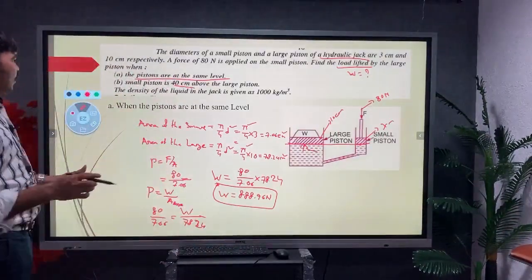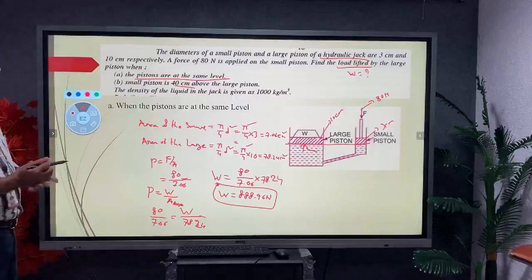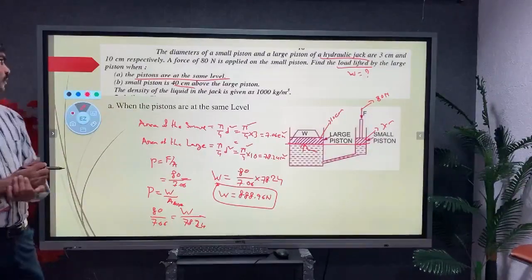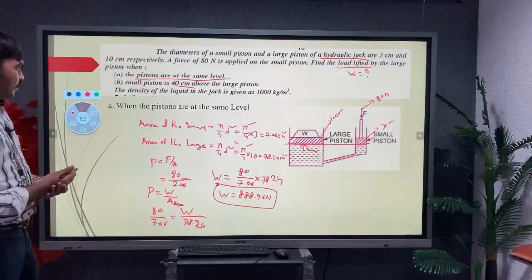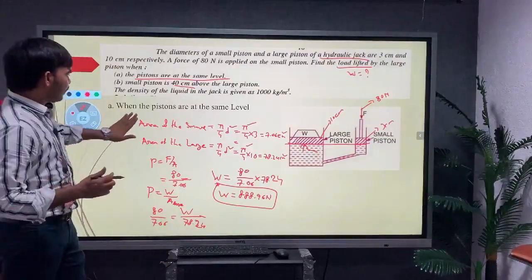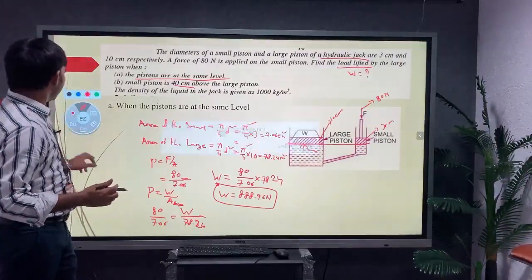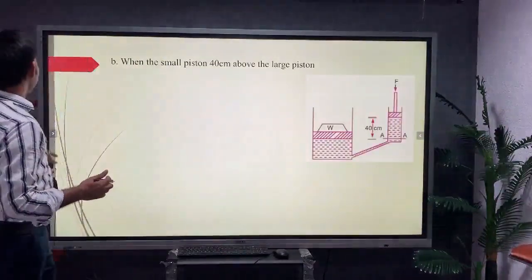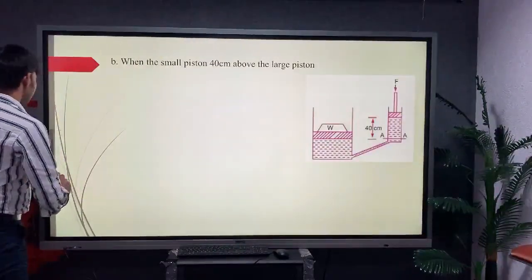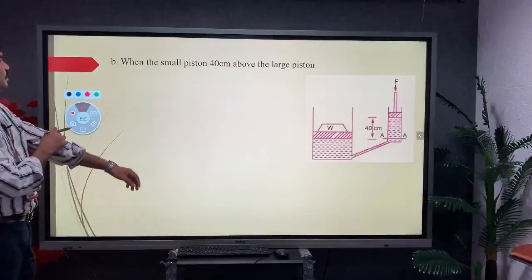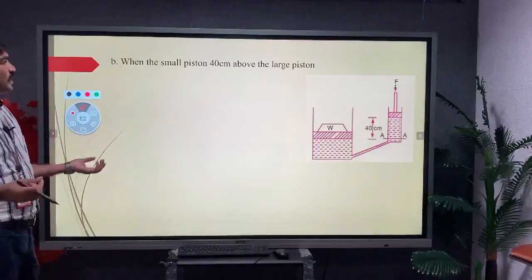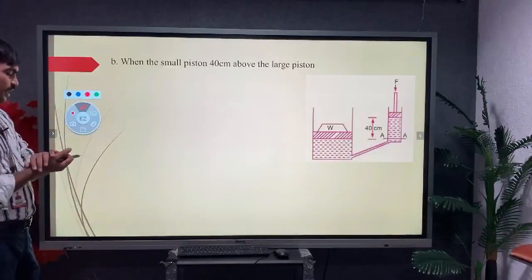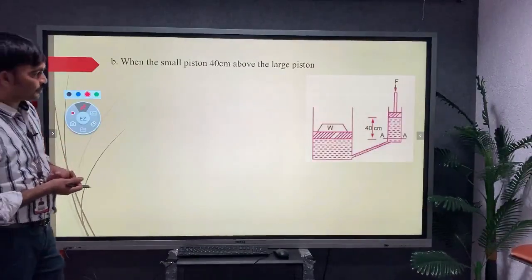Okay, this is the first part of the question. I hope you understand. Now we will move to the second part. What is the second part? The second part is when the small piston is 40 centimeters above the large piston.